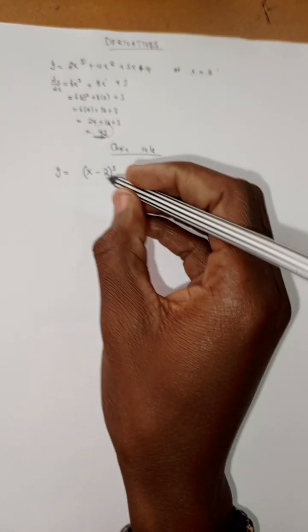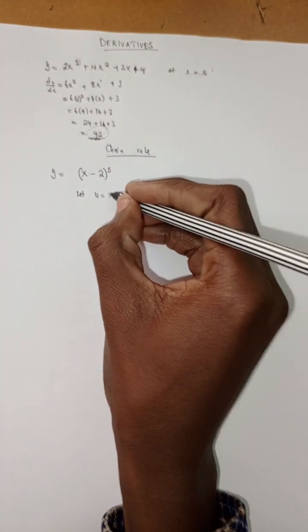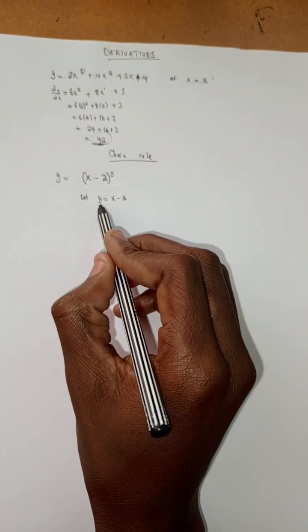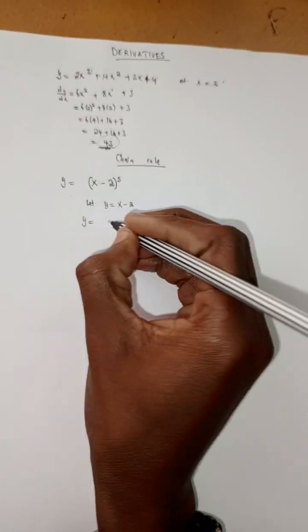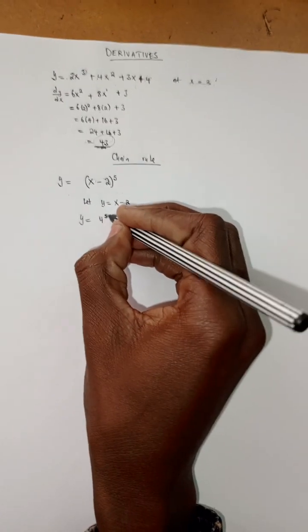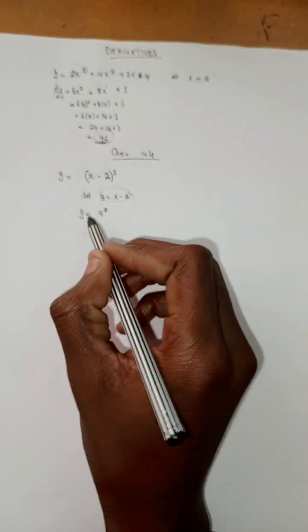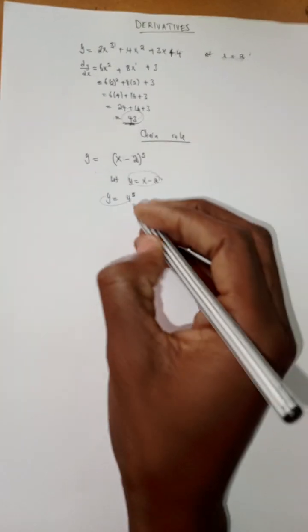So there is a much simpler method to use where we say let the inside function be equal to x minus 2. So if we let the inside function be u equals this, meaning we can also say y is equal to u to the power 5.